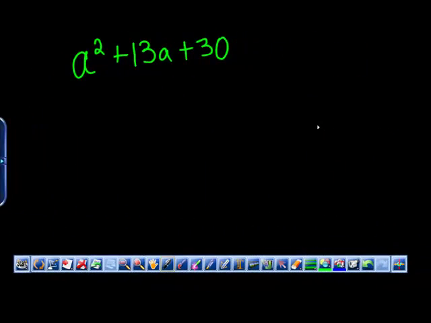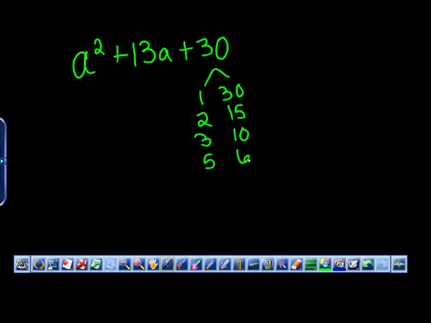Now let's factor this quadratic, a squared plus 13a plus 30. We will begin by factoring our 30. 1 and 30, 2 and 15, 3 and 10, 5 and 6, and that's all of them.